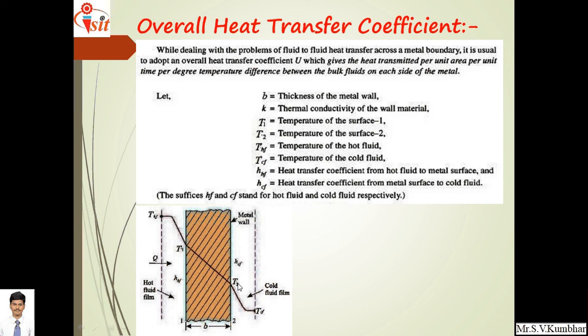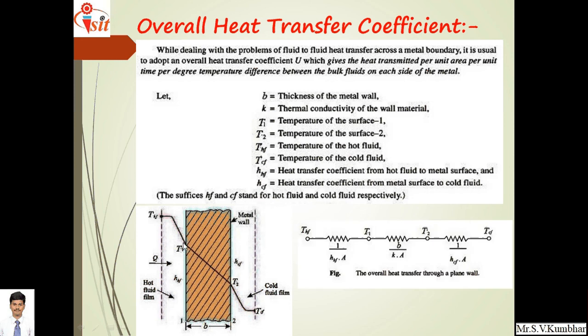Now if air or any gas is present on both sides, let's say hot fluid is present here, either air or any gas or water, THF is the temperature of the hot fluid, TCF is the temperature of the cold fluid, and HHF is the heat transfer coefficient from hot fluid to metal surface, and HCF is the heat transfer coefficient from metal surface to cold fluid.